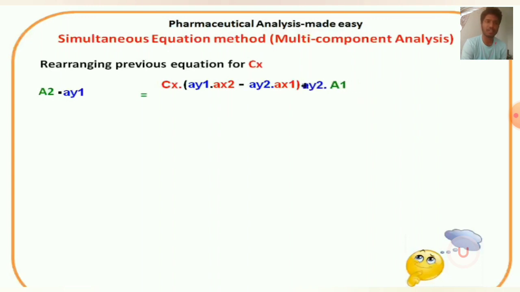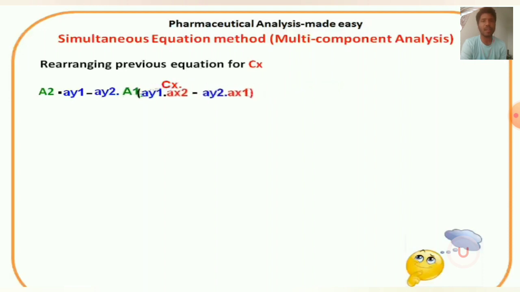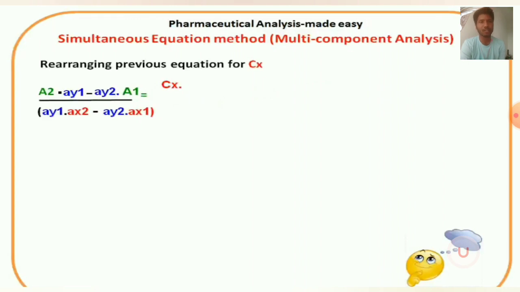Now let's see how to rearrange the equation. As you can see, the denominator AY1, along with A1 and AY2, is shifted to the left-hand side, and it forms A2 into AY1 minus AY2 into A1, divided by AY1 into AX2 minus AY2 into AX1, and from that we can calculate Cx.